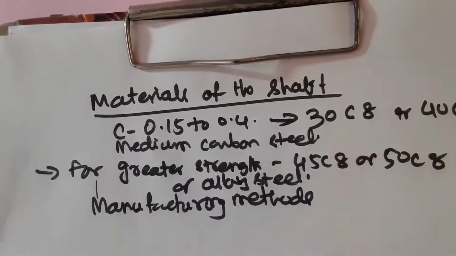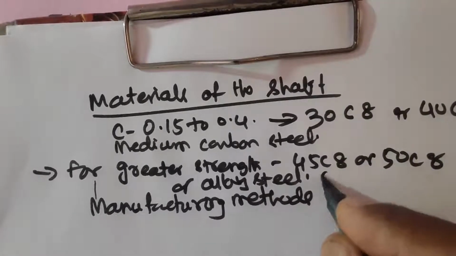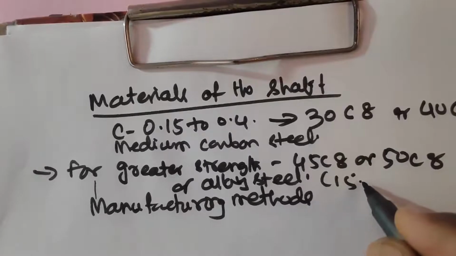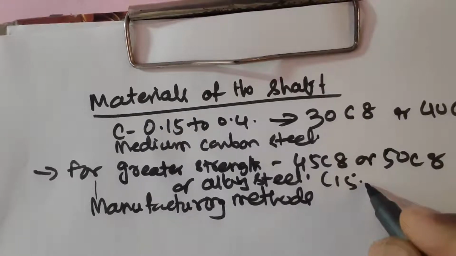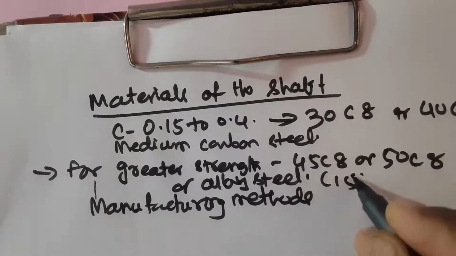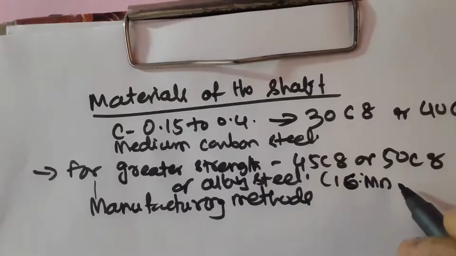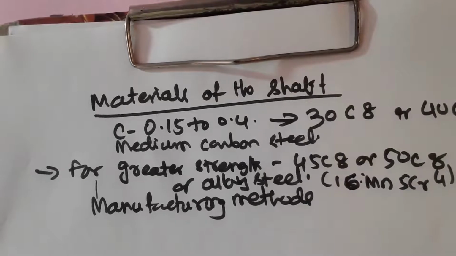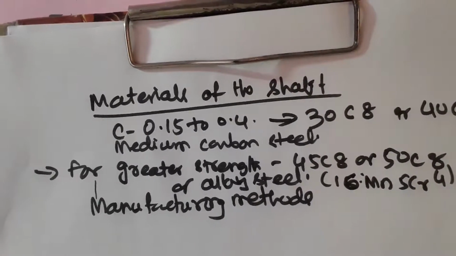In some cases we will also use chrome nickel steel, 16 Mn, 5 chrome, 4 steel. Sometimes we also use nickel alloy steel, and these are special purpose steels.